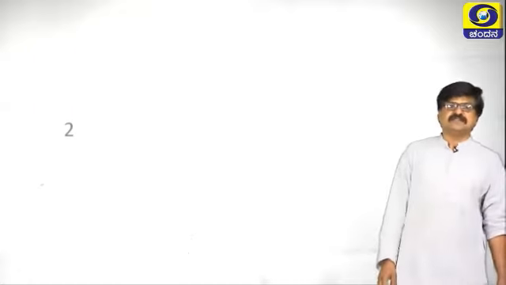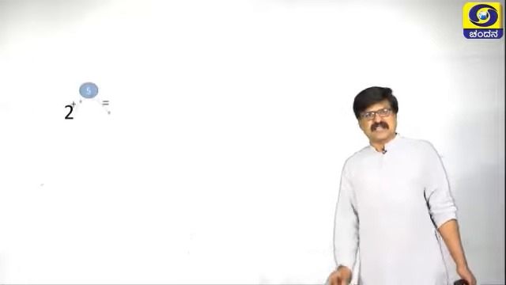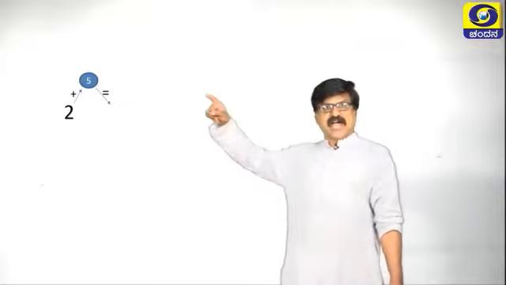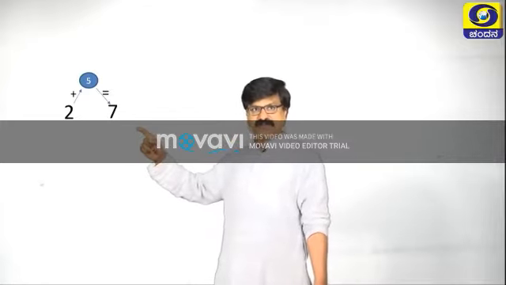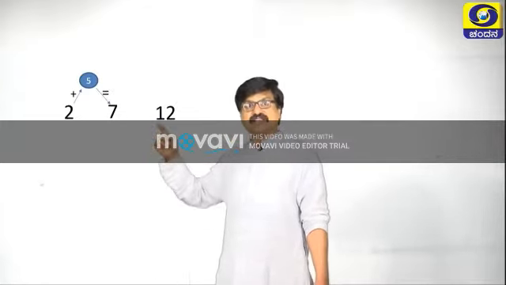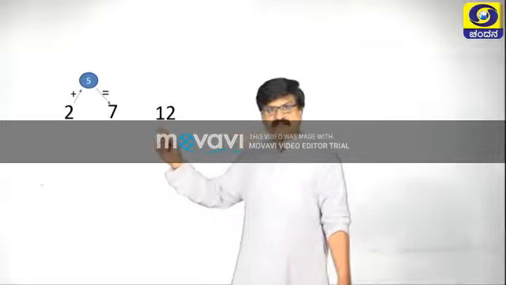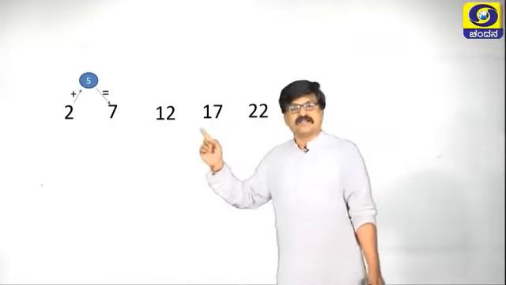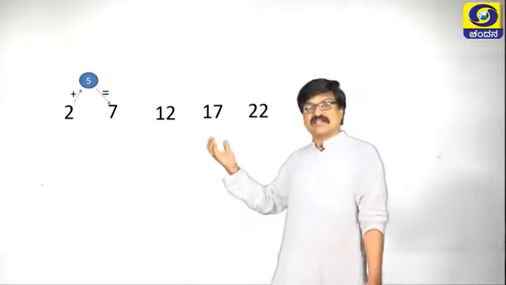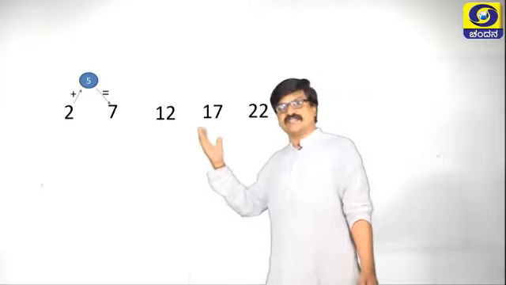The next one, let us take 2, if you add 5 to this number 2, the new number is 7. Similarly, 7 plus 5 is 12, 12 plus 5 is 17. So, like this we are getting new numbers or a list of numbers.